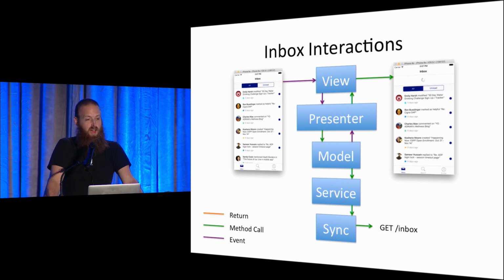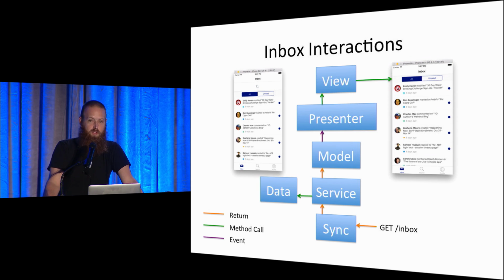Similarly, after the model emits the event to say we're in refreshing mode, it's also going to begin the transaction to refresh the inbox. And it does that by telling the service, give me an inbox refresh transaction. The service in turn calls sync and says, make an inbox refresh sync call, which in turn calls the HTTP method.